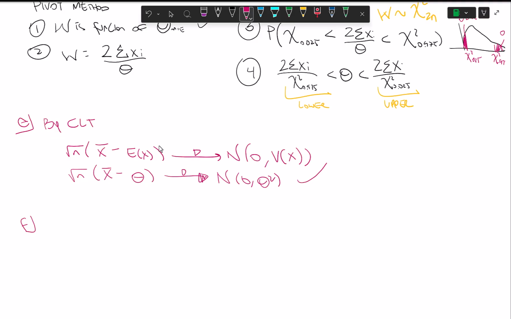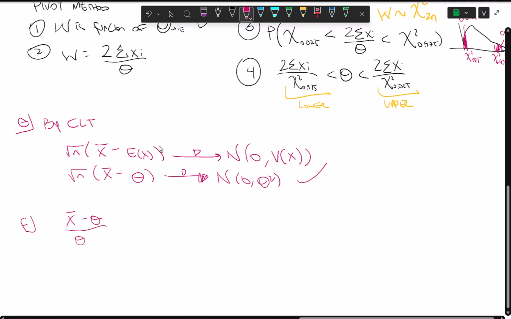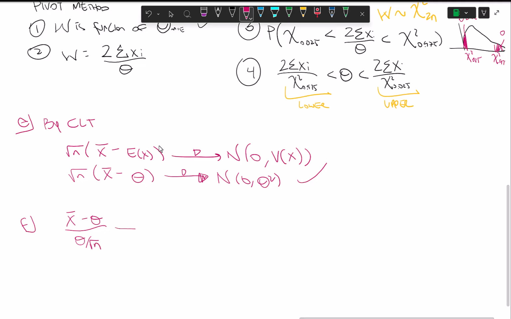Part F is an approximate confidence interval based on the CLT. So for part F, what we're saying is that x bar minus theta over theta over radical n should be converging to a standard normal as an extension of the central limit theorem. And so this is our pivot, and we use a pivot method on this quantity.